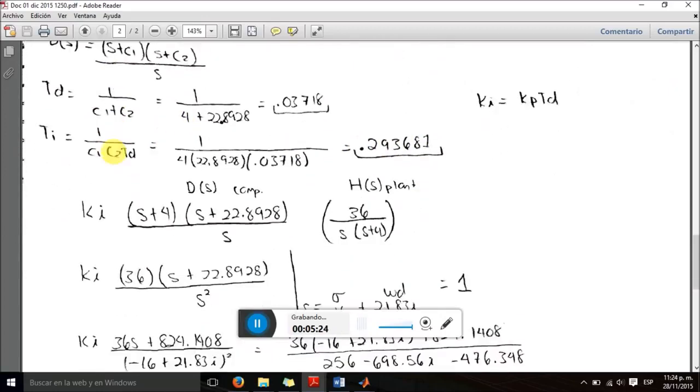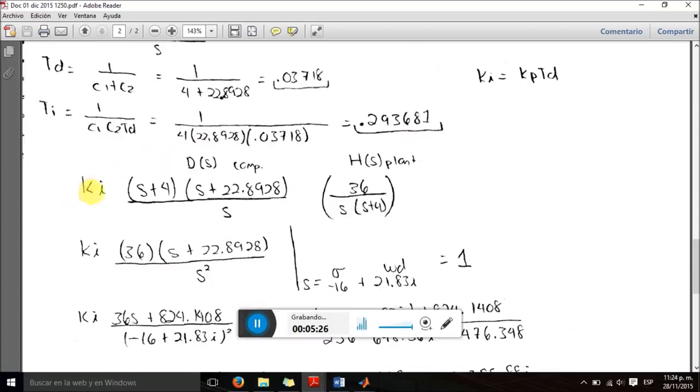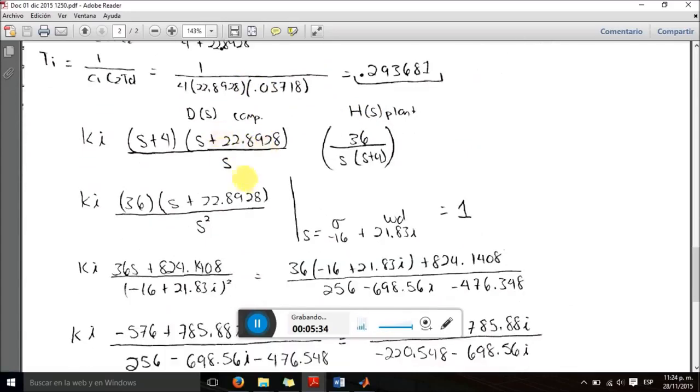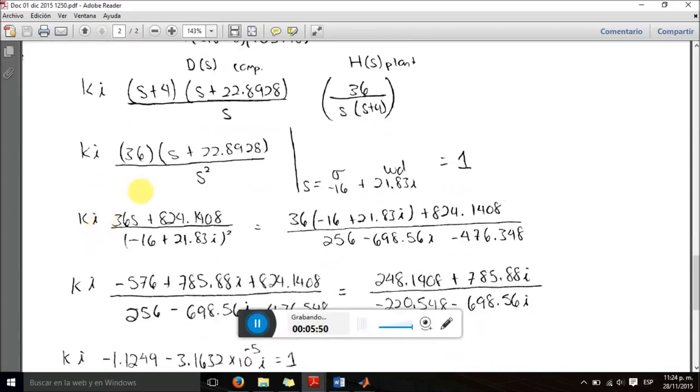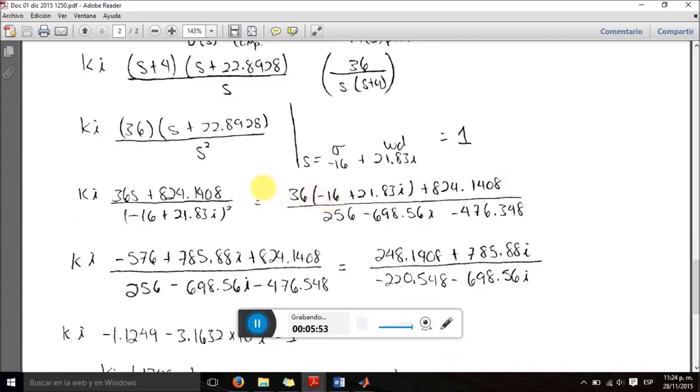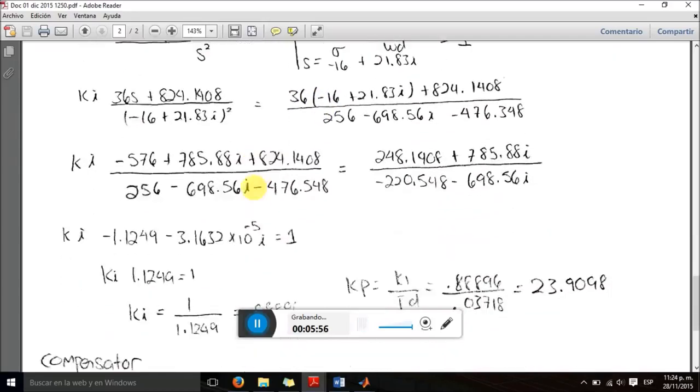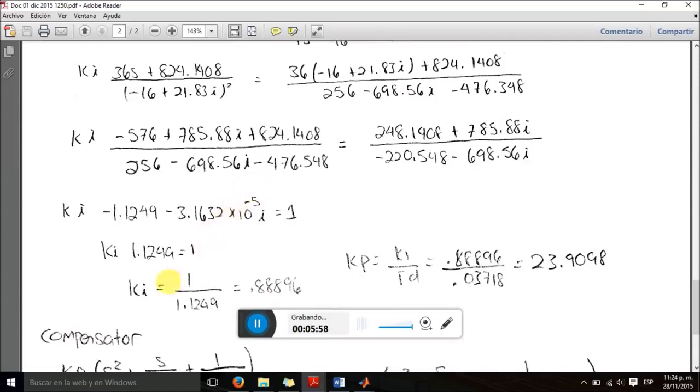So we have the multiplication of Ki times the compensator times the plant, and then we just evaluate on that multiplication the value of S, that is sigma plus omega d, and that would be equal to 1. We forced it to be equal to 1. So we perform some algebra and substitutions, and then we got that Ki is equal to 0.88 almost.